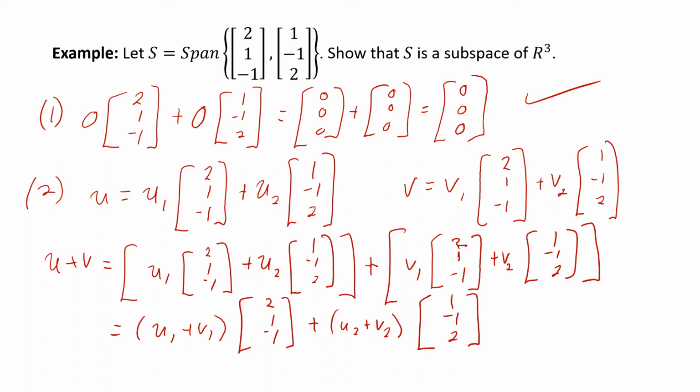So what is this? This is a number times our first vector plus a number times our second vector. That is the definition of it being in the span. So this is closed under addition. What we did was we took u and v, any vectors in the span, and we showed that if you add them together, you get another vector that's in the span. So that second condition is satisfied.